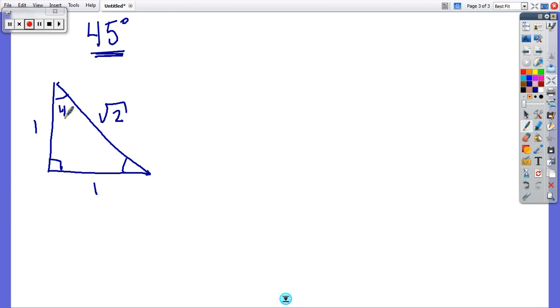It doesn't really matter which angle you use because they're both 45 degrees. Once you choose an angle, always use that one. I'm going to use this one. So I could say the sine of 45 degrees is equal to opposite, which is 1, over hypotenuse, which is root 2.